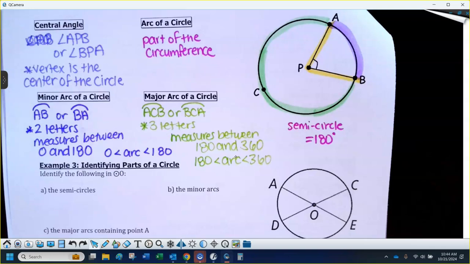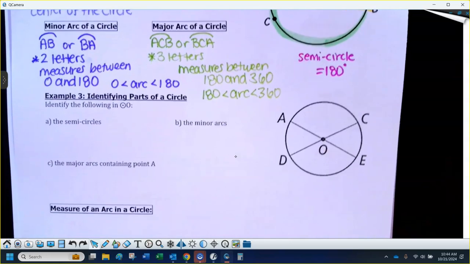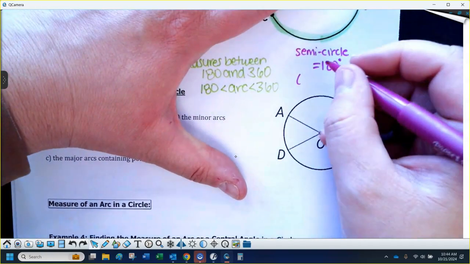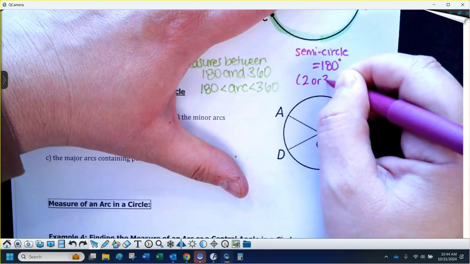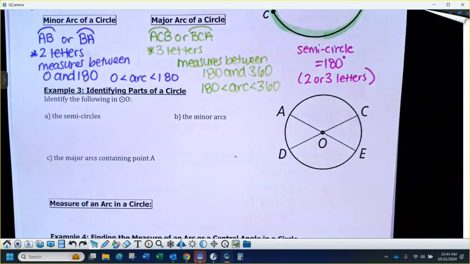So we're going to look at this diagram down here. And this can get tricky, and feel free to draw on whatever you want to draw on. For the semicircle, you can use 2 or 3 letters to describe it. Both of those are accepted. So in this diagram, if I want to do exactly half the circle, I just need to find a diameter.